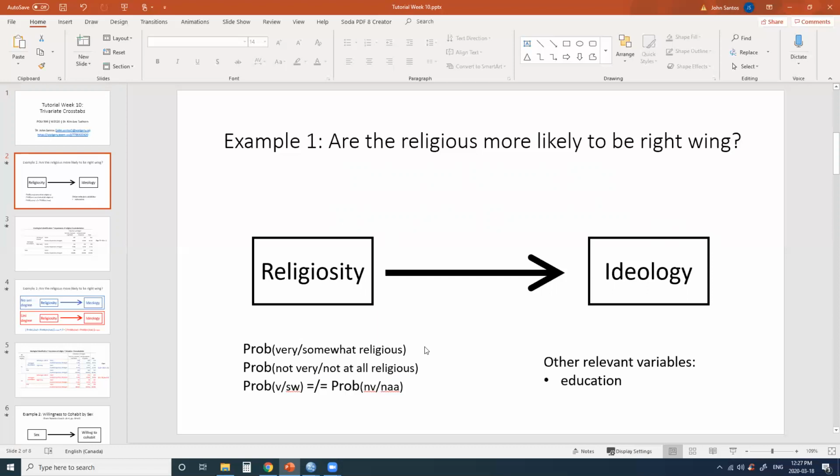And that probability is different from the probability of those who consider themselves to be not very or not at all religious being right-wing. So the probability of being right-wing amongst very or somewhat religious folks is not equal to the probability of those who are not very and not at all religious, right? So that's what it means to have this bivariate relationship, right?